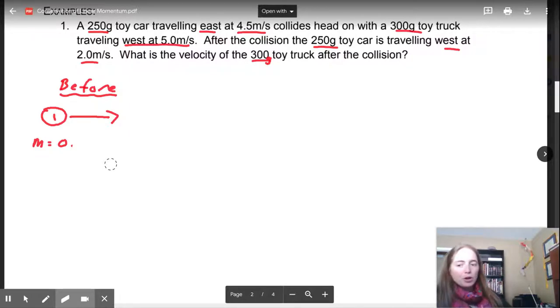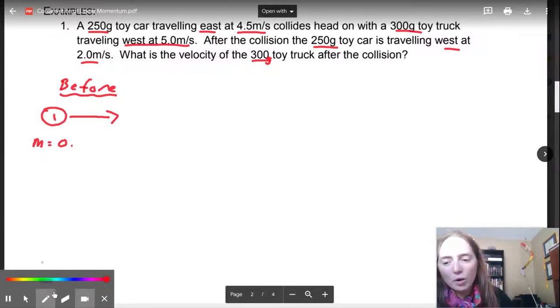Now, why can I do this? Why am I allowed, in this case, where one side is going to equal the other, to keep my units? Because they cancel.